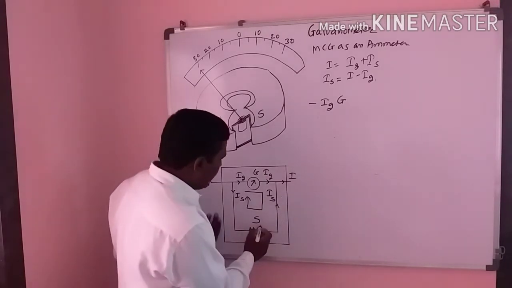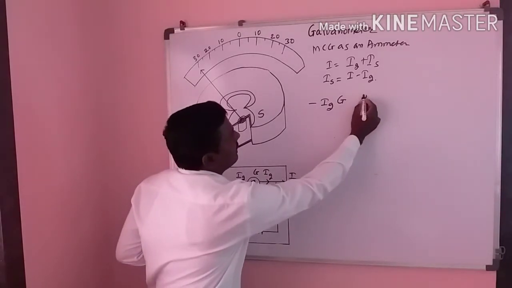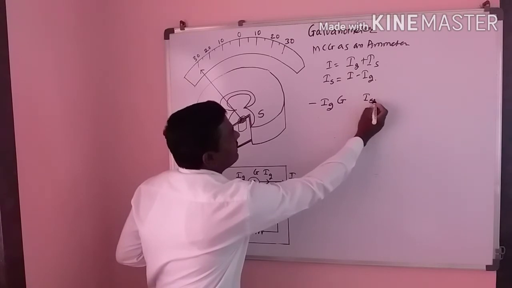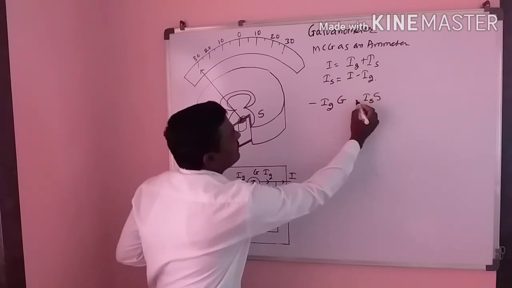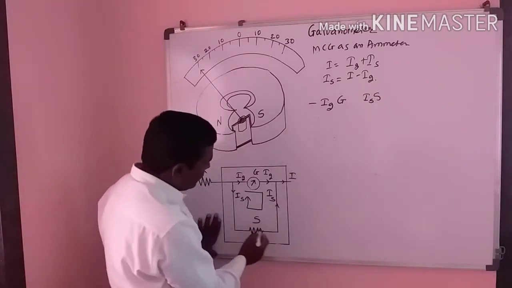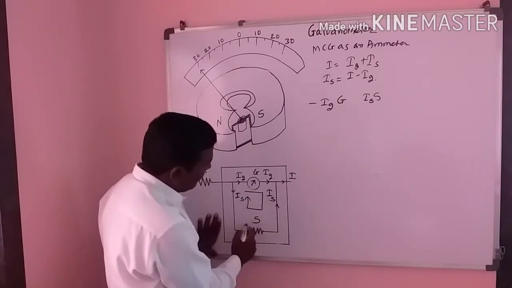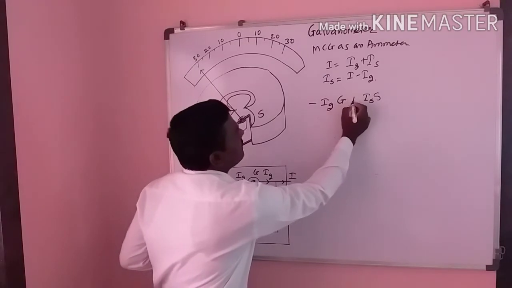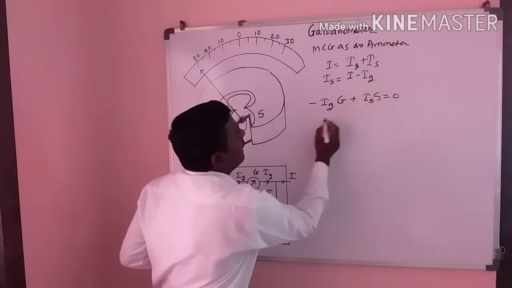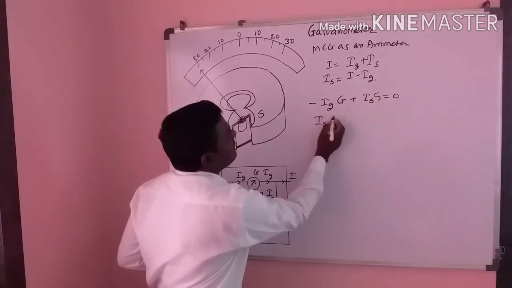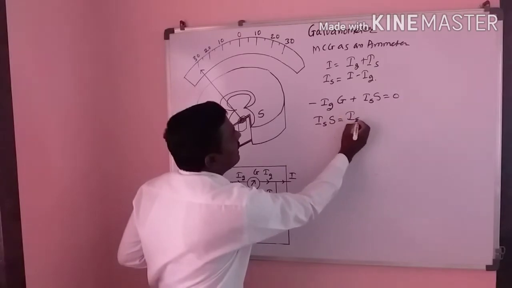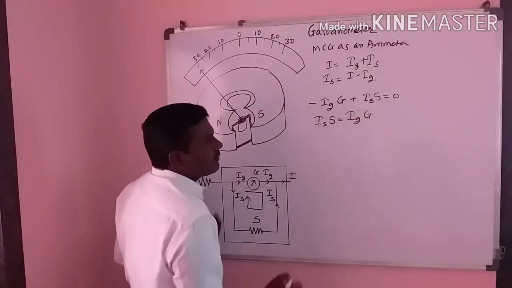Here the current through the shunt resistance is Is, with resistance S, and it is opposite to the conventional current. That means the tracking is in the opposite direction, so there is a plus sign: -IgG + IsS = 0. From this we write IsS = IgG.